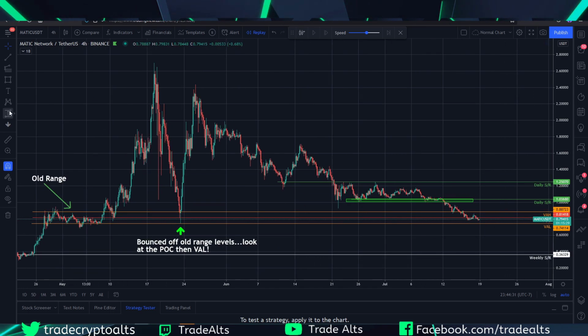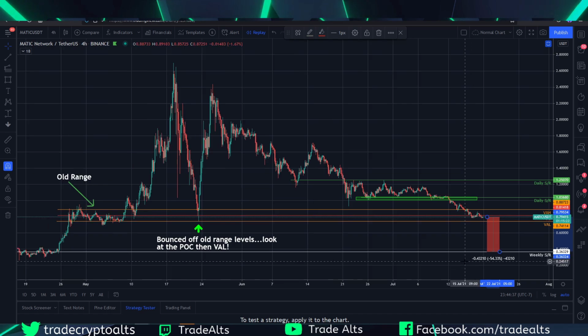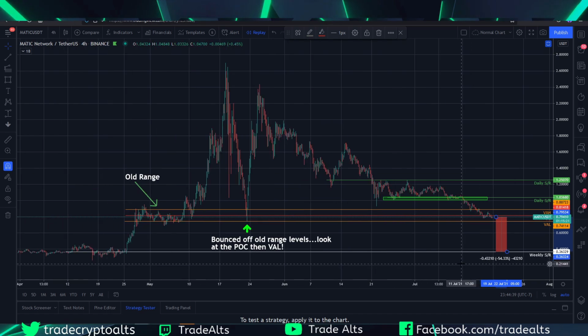Which, just for fun, let's take a measurement. Honestly, don't know. 54%. So, just like the other charts that we discussed, which likely coincides with Bitcoin breaking the range to the downside, you yet again have another critical support level that's roughly 50% from where price is.